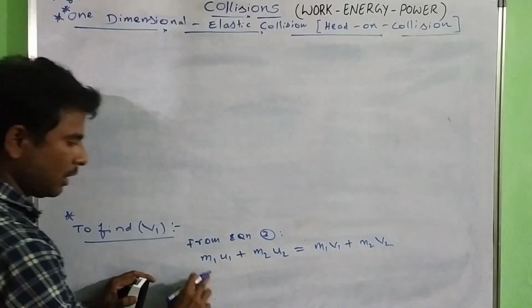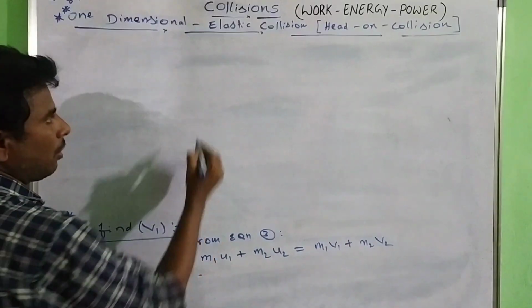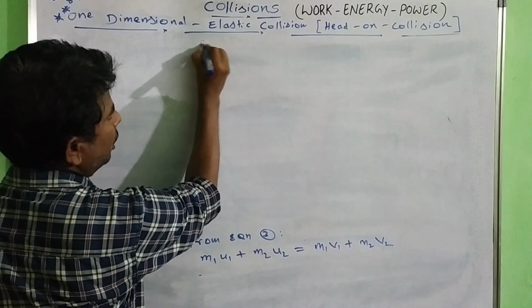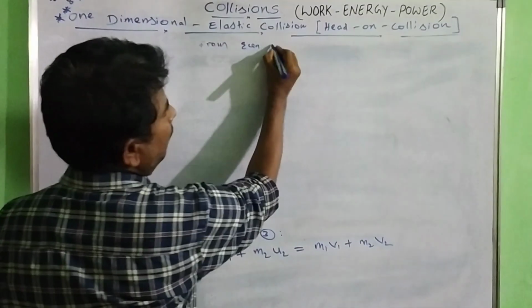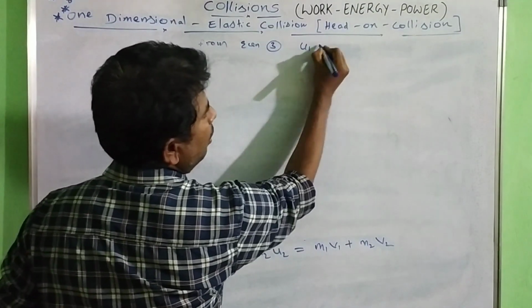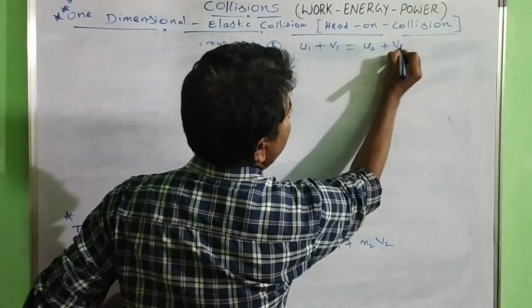This is the first equation: m1 u1 plus m2 u2 equals m1 v1 plus m2 v2. And from equation 3, u1 plus v1 equals u2 plus v2.